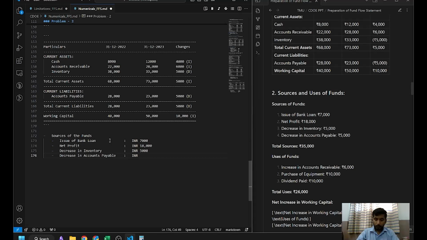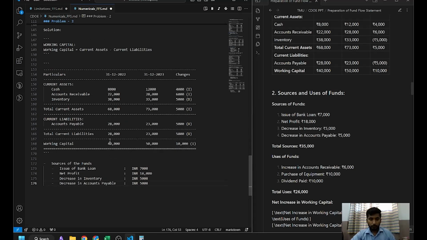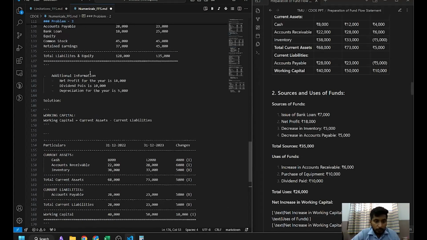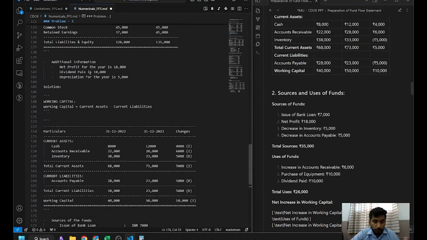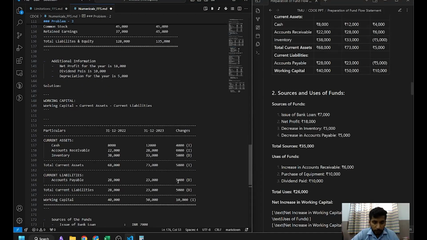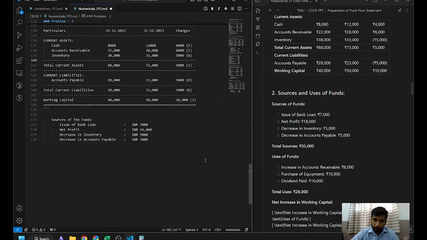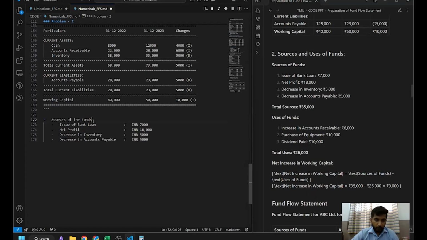That is also 5,000. Accounts payable decreased by 5,000 and inventory decreased by 5,000. Okay. Making my total sources of funds as rupees 35,000.